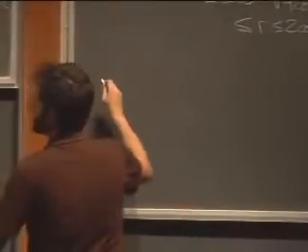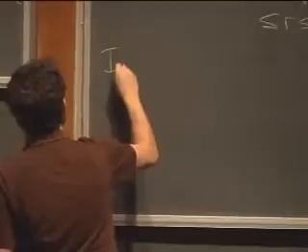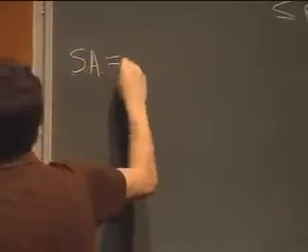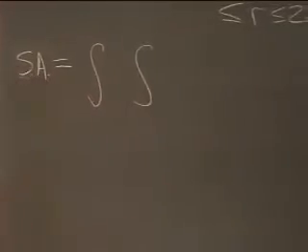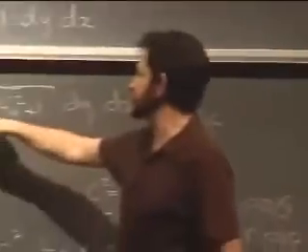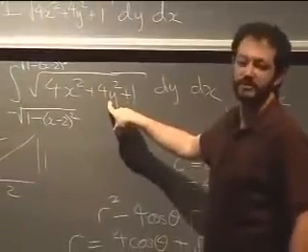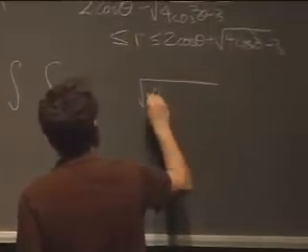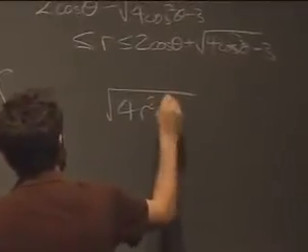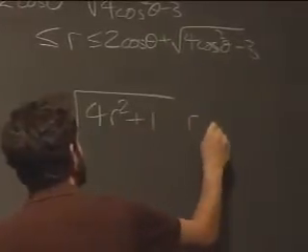So the integral we want, our surface area, I should say, is equal to a double integral. Let's just look at this. The easiest part is to change 4x squared plus 4y squared into 4r squared. So in r terms, this is going to be 4r squared plus 1, and then we're going to have r dr d theta.